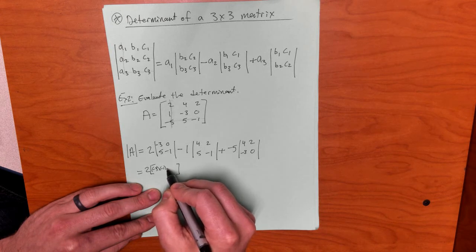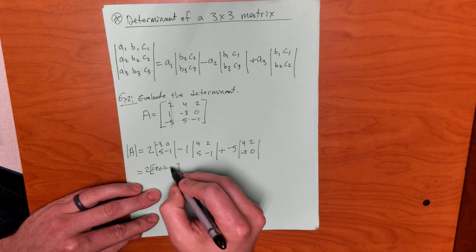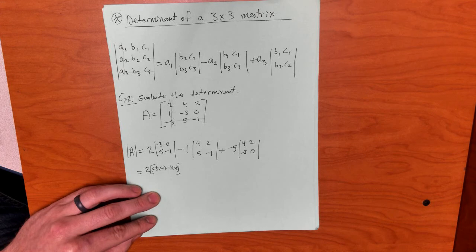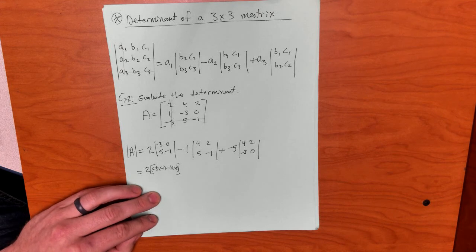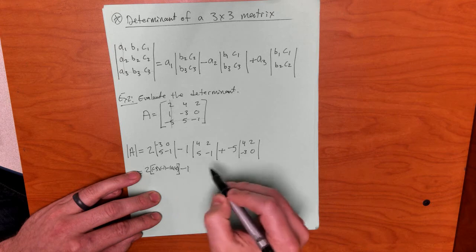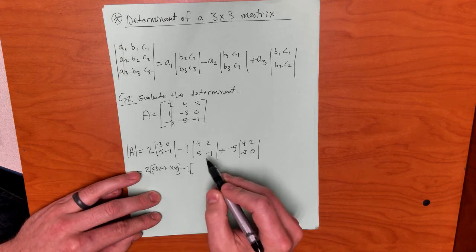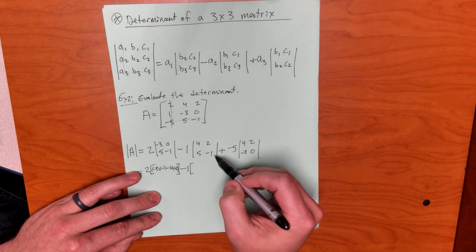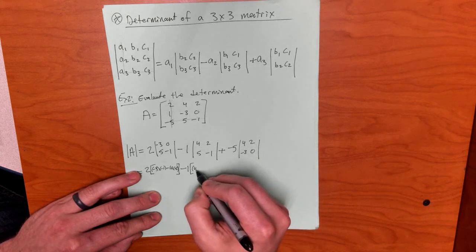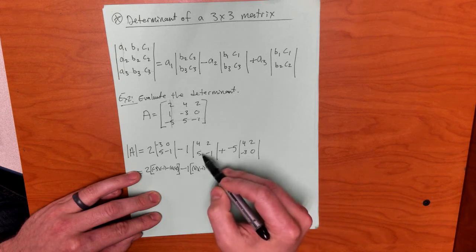And then remember, it's minus the other diagonal, 0 times 5. And I'll give myself more room next time. Sorry for that being so small. So that's the first determinant. Now this minus 1 comes down, and I need to do the determinant of this thing. So I take the diagonals, 4 times negative 1, minus the other diagonal, 2 times 5.